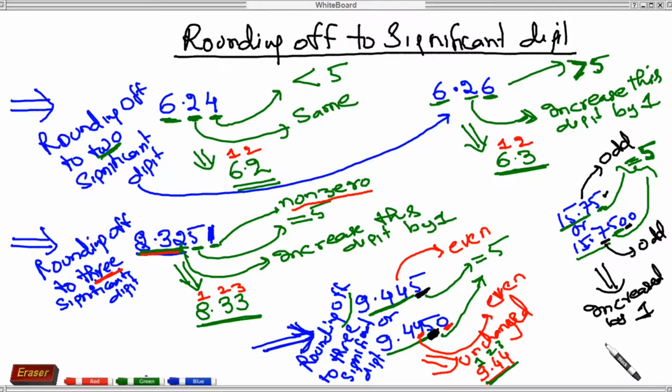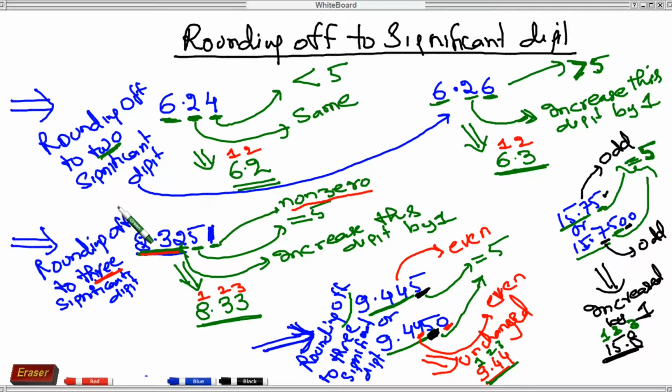So it will become 15.8. Here you can see it's up to 3 significant digit.